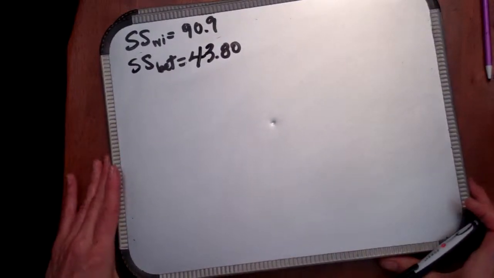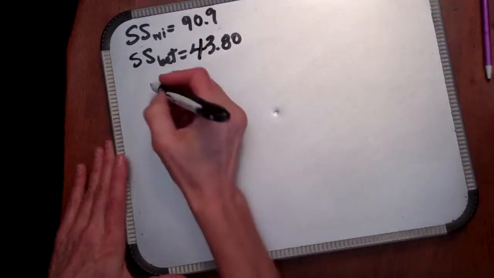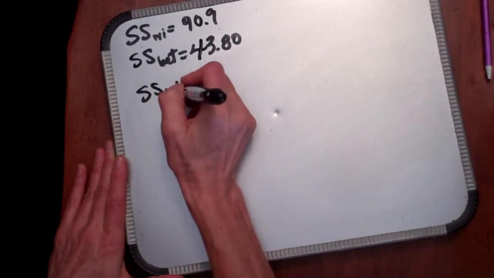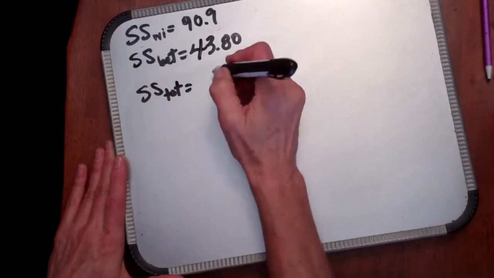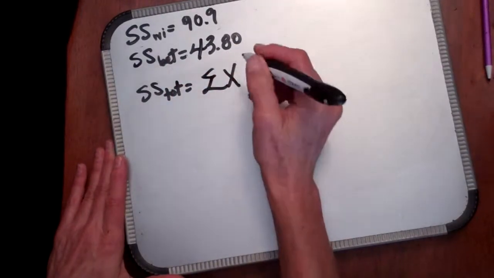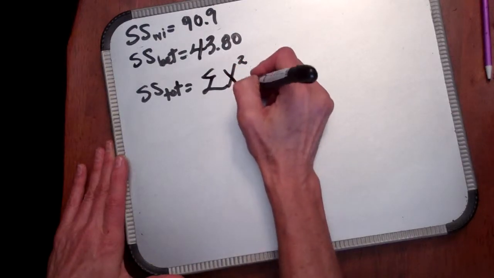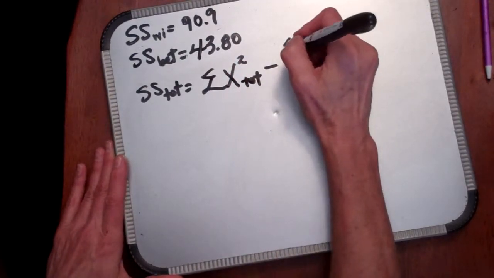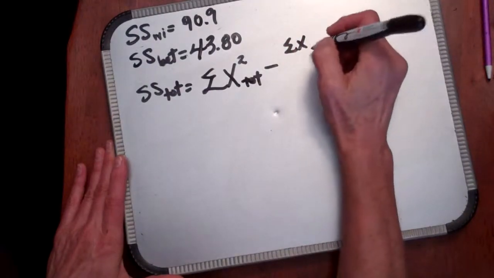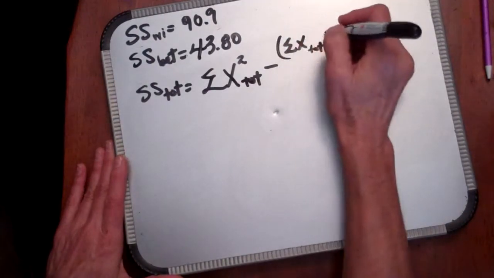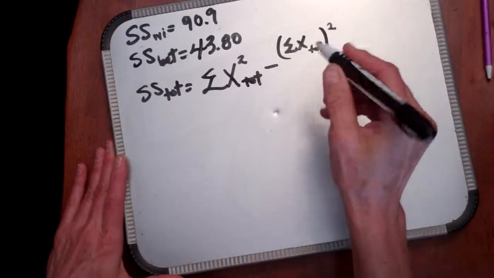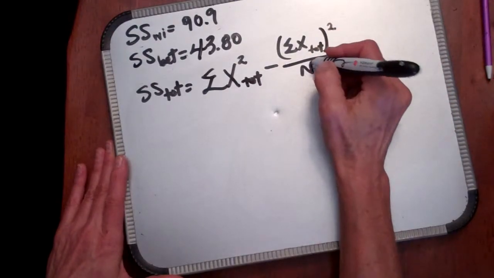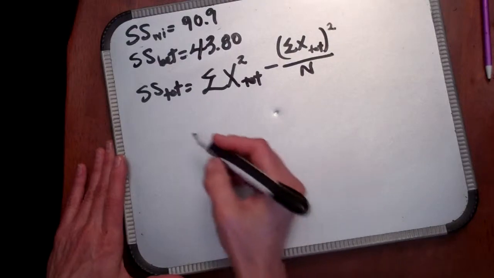Very good. And now sum of squares total is a relatively simple formula compared to the rest of those, right? So here we have the sum of the x's squared total, which we have on our other board, minus the sum of the x's total and the squared value for that divided by big N, the total sample size, right?